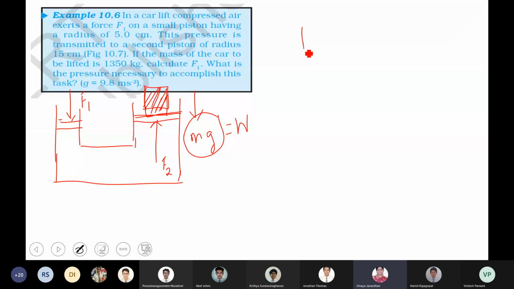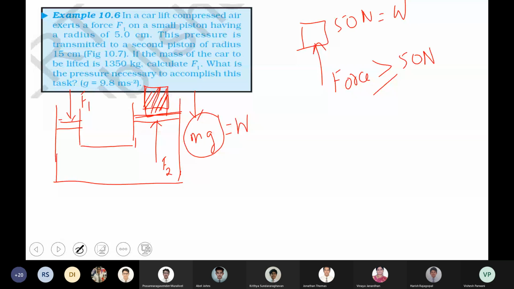Suppose I have an object whose weight is 50 newton. If I want to lift this object, my force should be either greater than 50 newton or equal to 50 newton, correct? The force I should apply should be either equal to its own weight or greater than that weight.